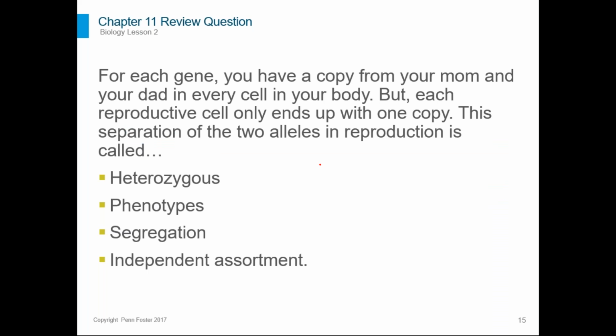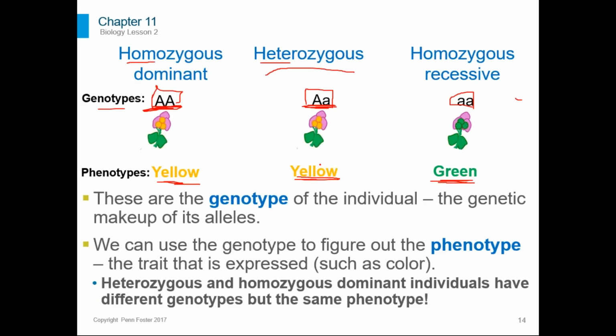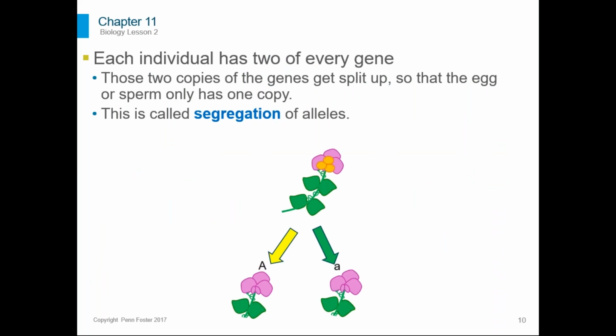is segregation. So remember, in all of the cells of your body, except for eggs and sperm, there are 2 of every gene. So for every gene, you inherited 1 copy from your mom and 1 copy from your dad. But it wouldn't make sense when you reproduce to give your offspring 2 copies, because the other parent is going to give 2 copies, and then it's going to have 4 copies, and then when they reproduce, it'd have 8.